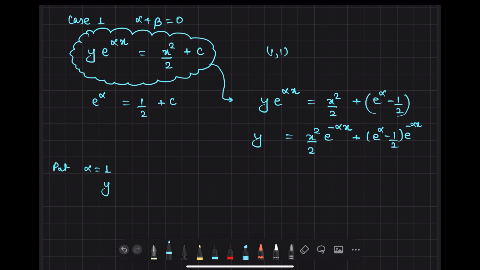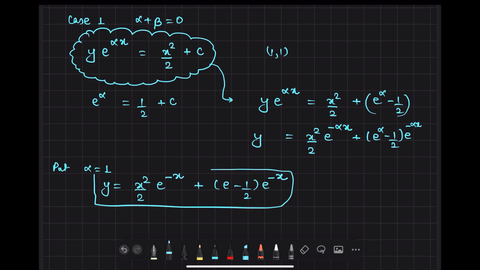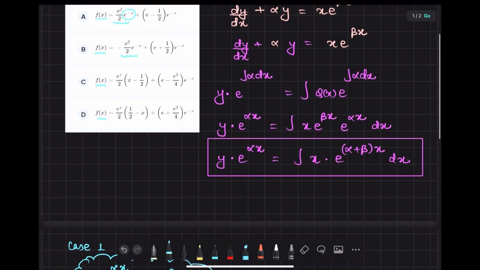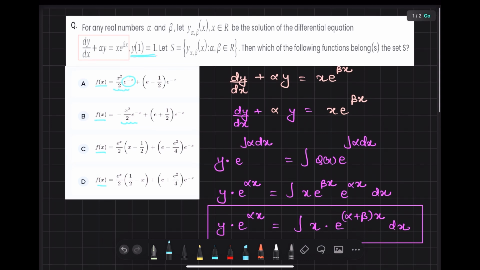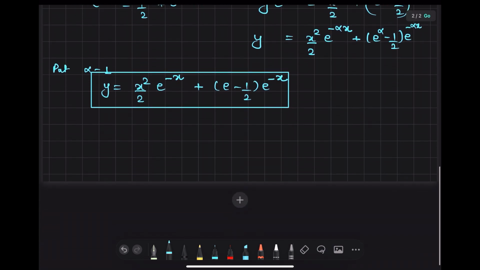Then y will be equal to x square by 2 e power minus x plus e minus 1 by 2 e power minus x. According to this, I feel that the first option is the answer. If you observe, option 1 matches. So this is the correct option.